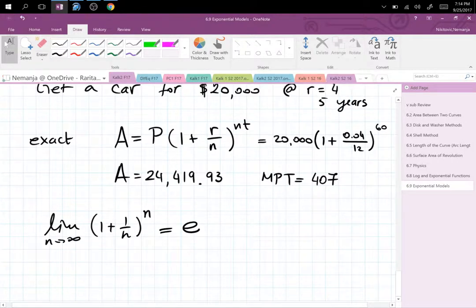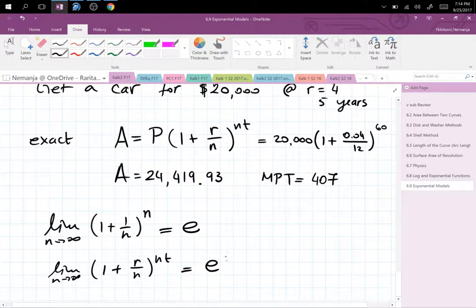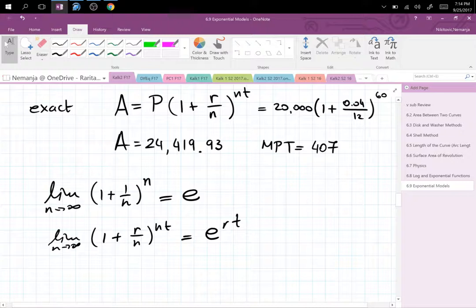That means that the limit as n goes to infinity of 1 plus r over n to the nt is going to be e to the rt. Once you have this limit, and you can prove it using L'Hopital's rule in chapter 4, which takes about 2 minutes, you realize that this formula can be written as the continuous compounding: principal times e to the rt.